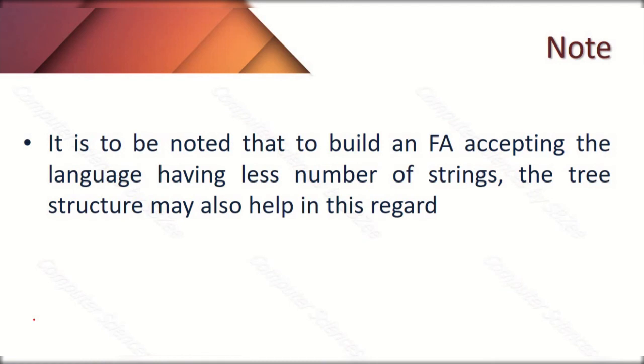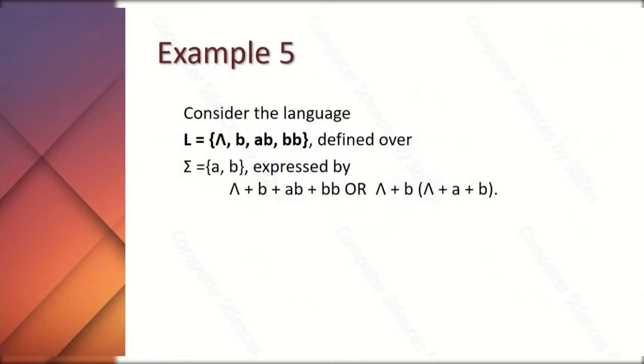It is to be noted that to build a finite automata accepting a language having a small number of strings, the tree structure may also help in this regard, and I think that strategy is the best one. Let's consider example number 5. This language accepts only 4 words: lambda, b, ab, and bb.